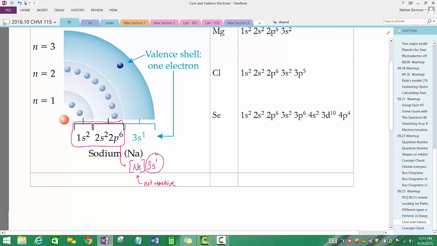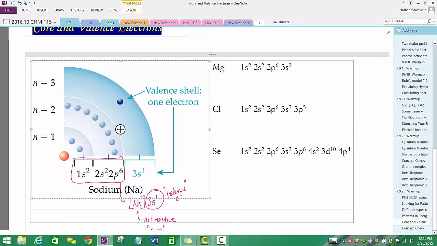And so the two names we use are going to be core electrons. So you might see the term noble gas core, as well as valence electron. Now, the way we define these, I want to be very clear on.